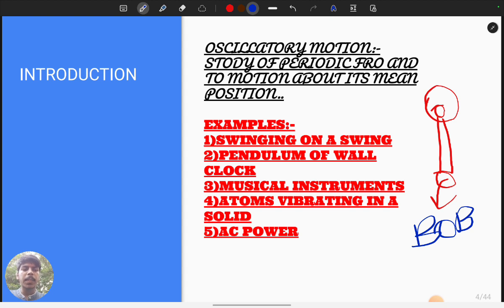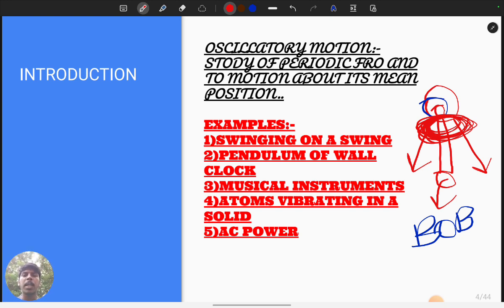It oscillates from its mean position O. Then the bob will go front and back, to and fro. So this type of motion is called oscillatory motion. The whole chapter is about oscillatory motion.